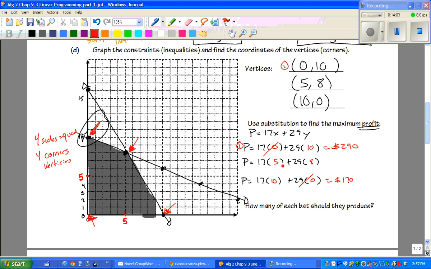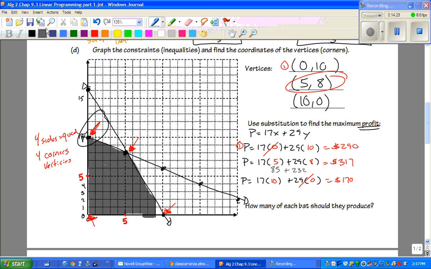Okay, so now in your calculators, you should be plugging this in and be like, well, 17 times 5, oh, that's 85. Plus, let's see, 29 times 8, ooh, that's 232. Add those numbers up, and you get 317. So the combination of which bats that they should make is the 5 and the 8.